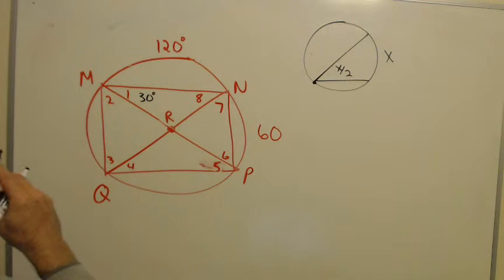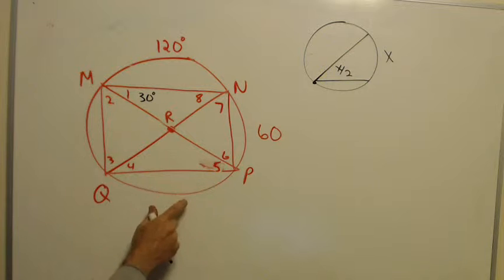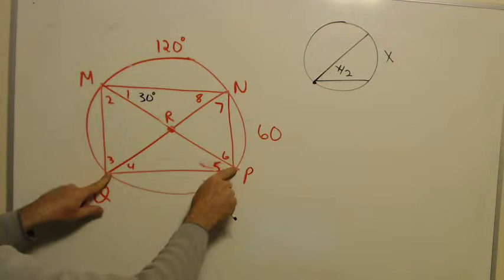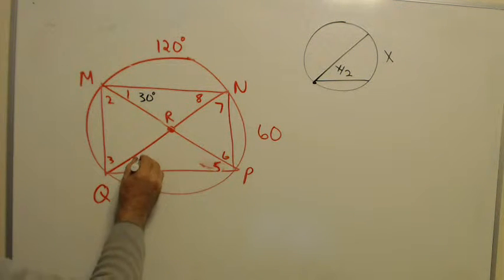Okay. What else do we know? Angle 2, well, I don't quite have anything to work with there, unfortunately, because it's intercepting this arc down here. Let's see what else we can get. We also know that angle 4 intercepts arc NP, so it's also going to be 60.